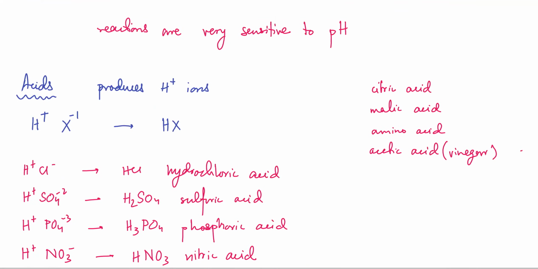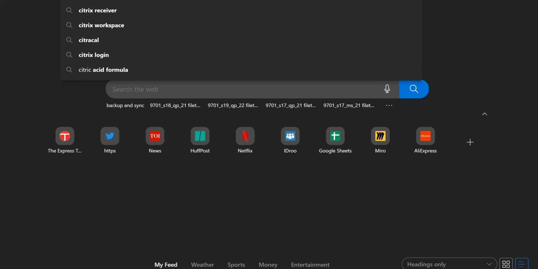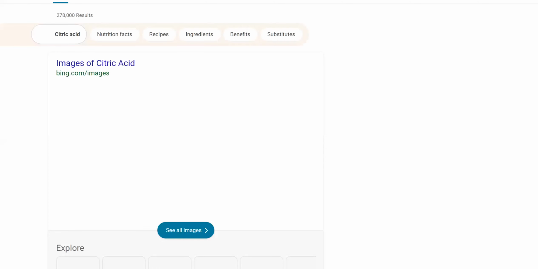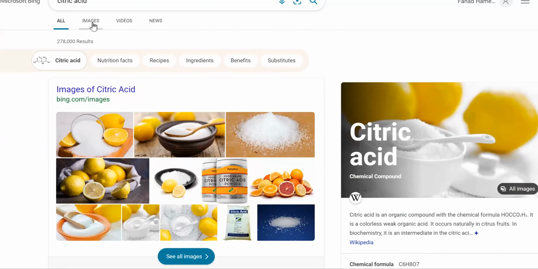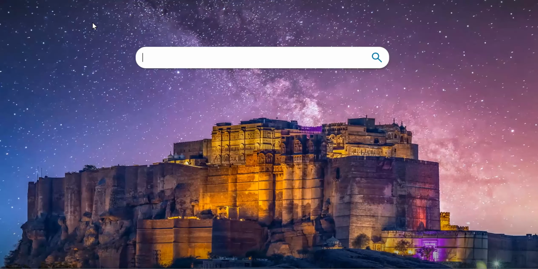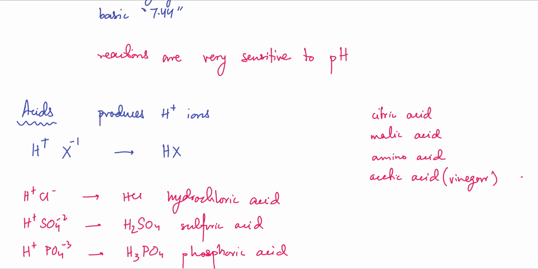Then you have your organic acids as well. Your organic acids are molecules which also have H plus 1 attached to something. If I give you an example of citric acid, the citric acid molecule would look something like this.